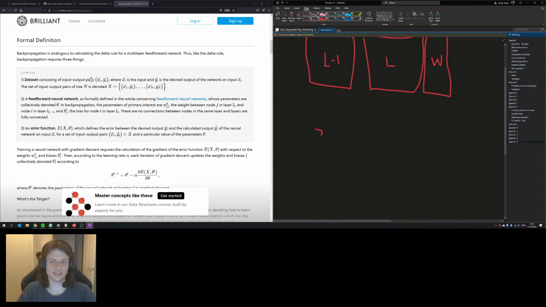So this is a vector of x with the index and y with the index, where x equals the input and y equals the desired output of the network.